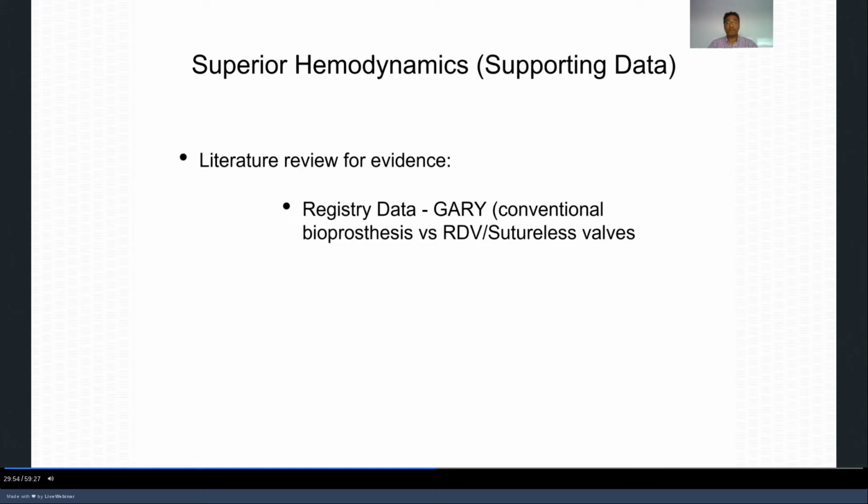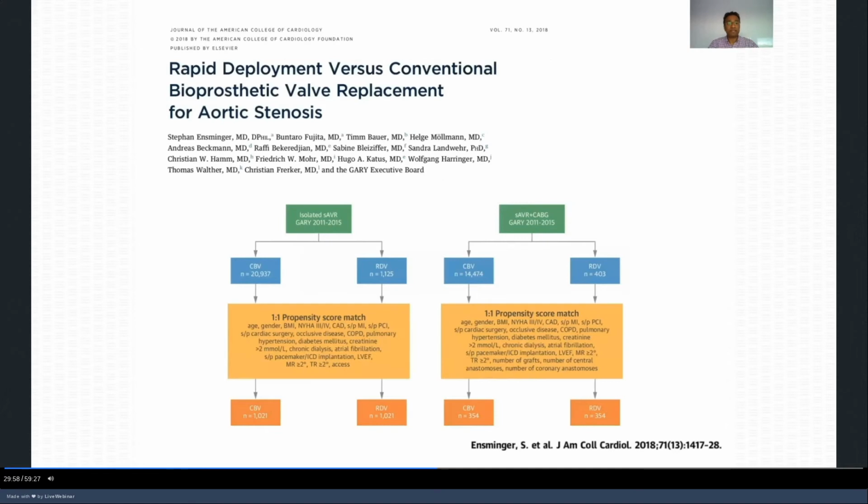And then finally, when you look at registry data, which tells us what people do on an everyday basis, the German registry data, which was published by Stefan Ensminger and colleagues back in 2018, provided a lot of information. He looked at all patients over a 4-year period between 2011 and 2015. It was over 20,000 patients in the conventional group and over 1,000 patients in the rapid deployment valve group.